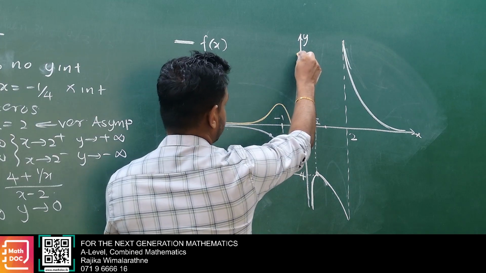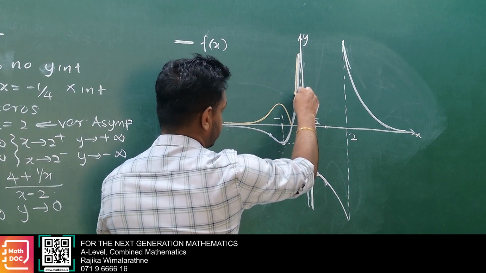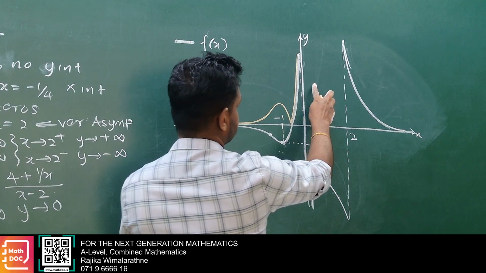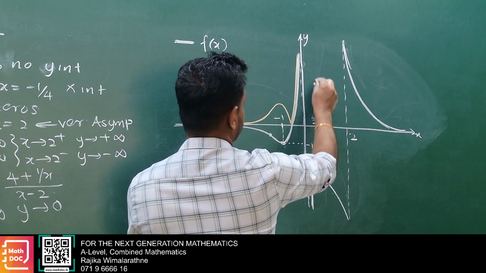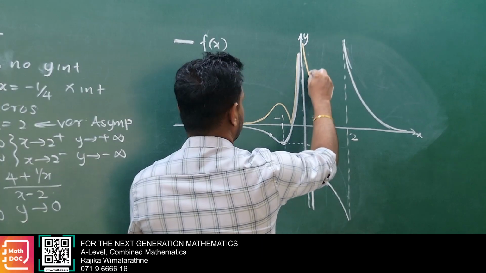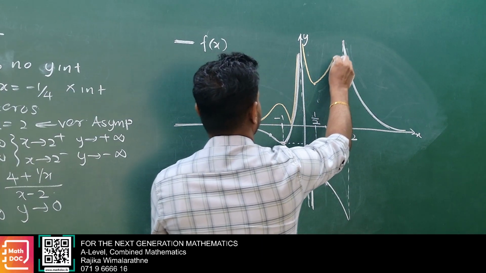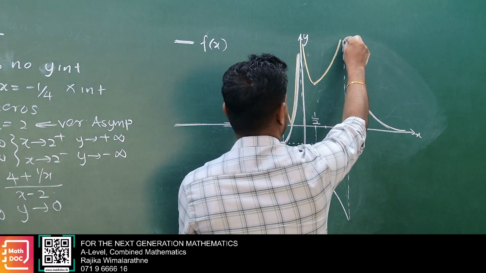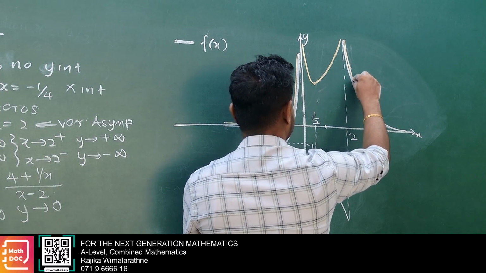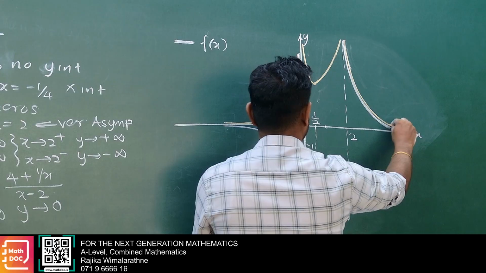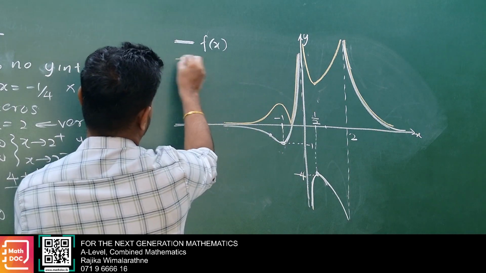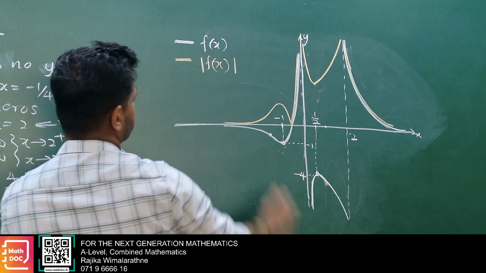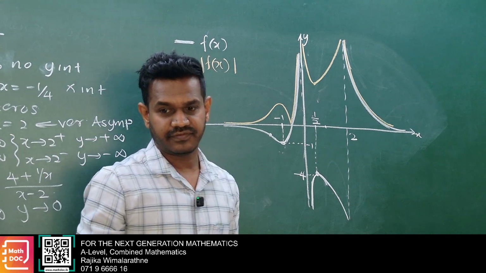For this part it won't change, it coincides. Then the negative part, you sketch again as positive. Here it goes to 4. Here it is positive, it coincides. This orange color one is |f(x)|.